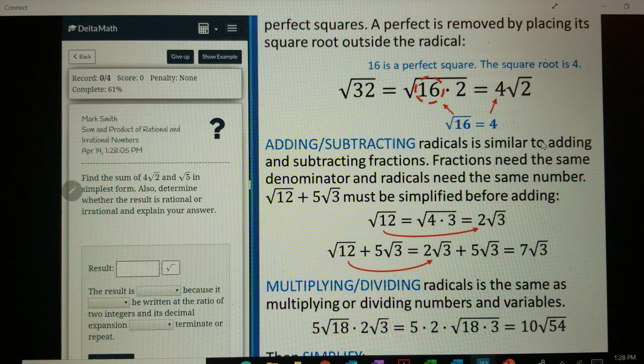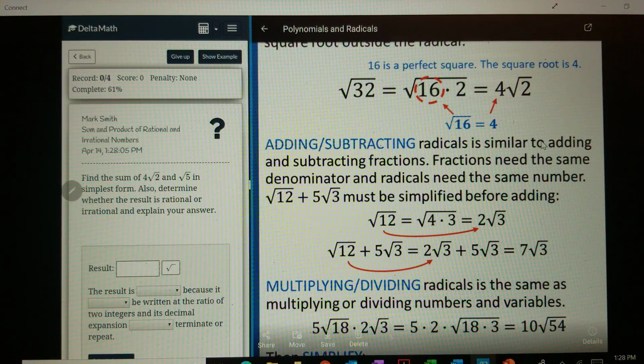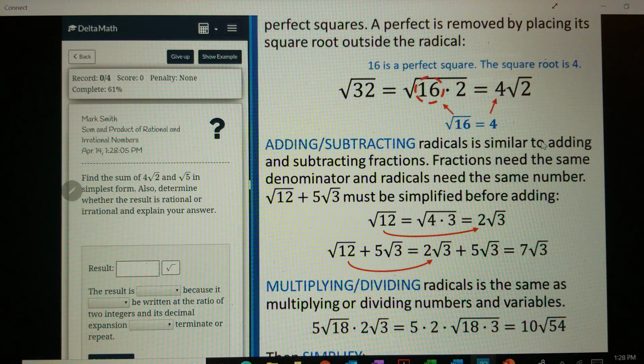Then can we go back to simplifying √12? In other words, are there any perfect squares on the inside? And there is in this case. A 4 is the perfect square on the inside. When I look over here, it also says determine whether it's rational or irrational and explain your answer. It looks to me like we can't simplify the √2 or the √5.